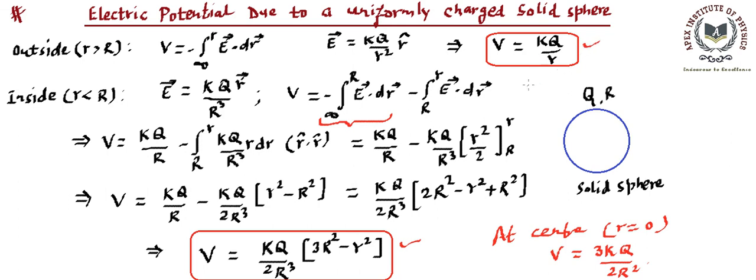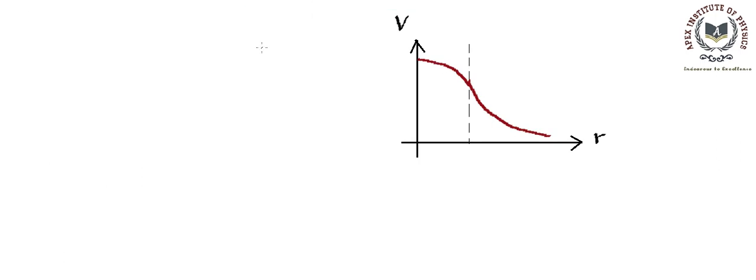We can also interpret the same result in a graphical way, so let's do that as well. Let's summarize the potential because of a solid sphere. Formula wise, V is equal to kq upon 2R cube, within the bracket 3R square minus r square.